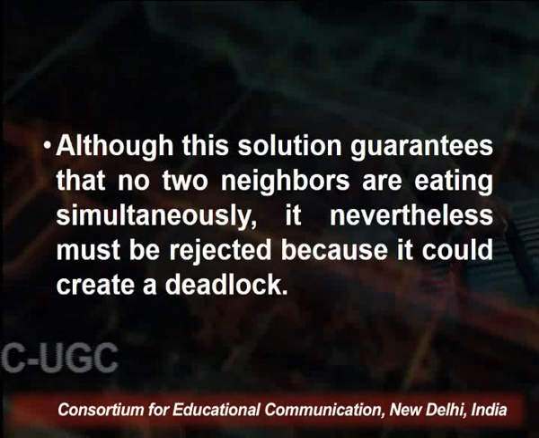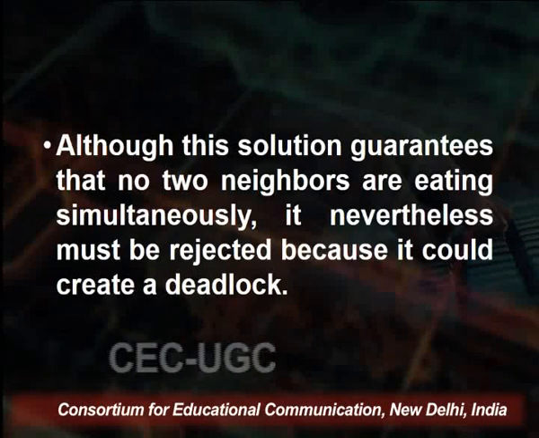Seems fine, and this solution ensures that no 2 neighbors are eating simultaneously. For example, let us consider philosopher number 0 and philosopher number 1. If philosopher number 0 is eating, she is taking chopstick 0 and chopstick 1.